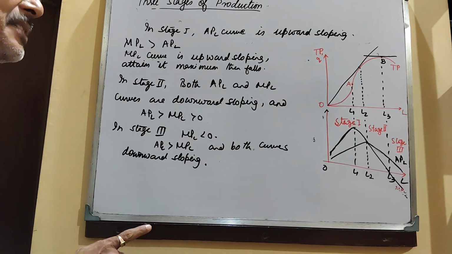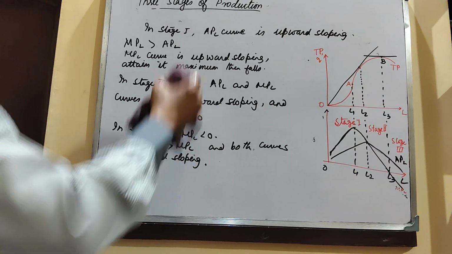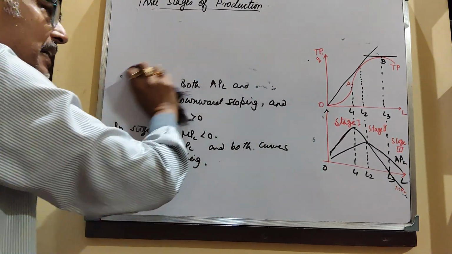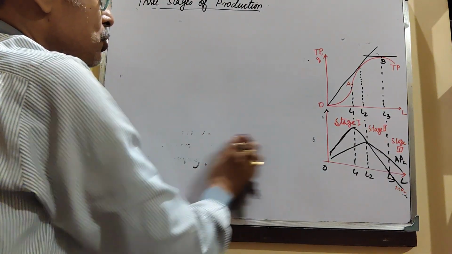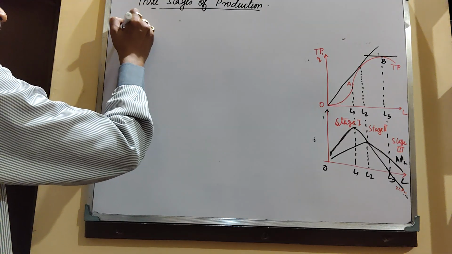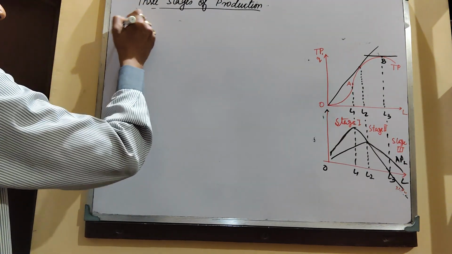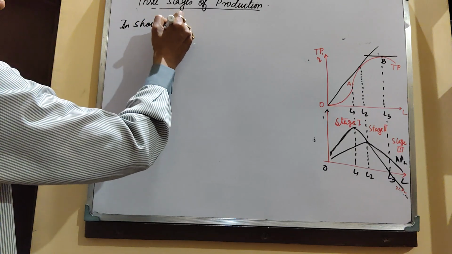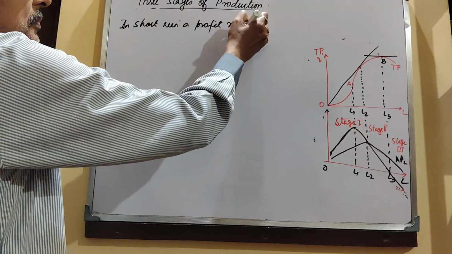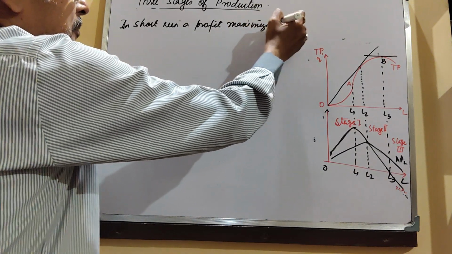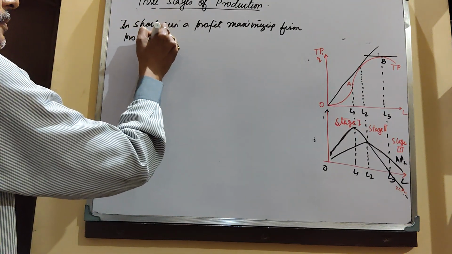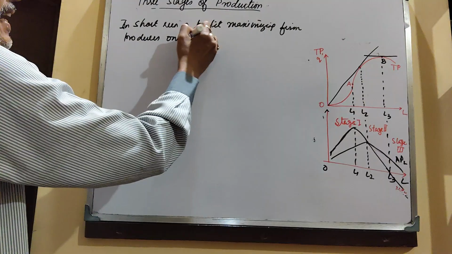Now, production takes place in stage 2 only. A short-run profit maximizing firm will produce only in stage 2.